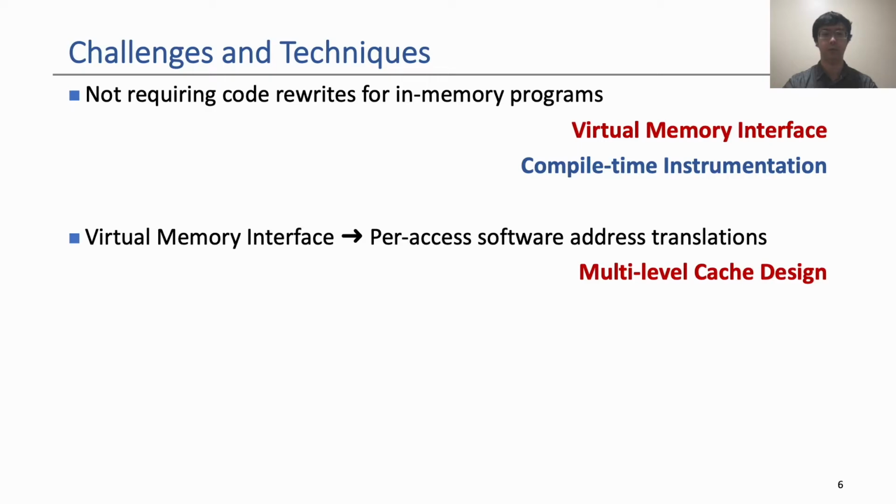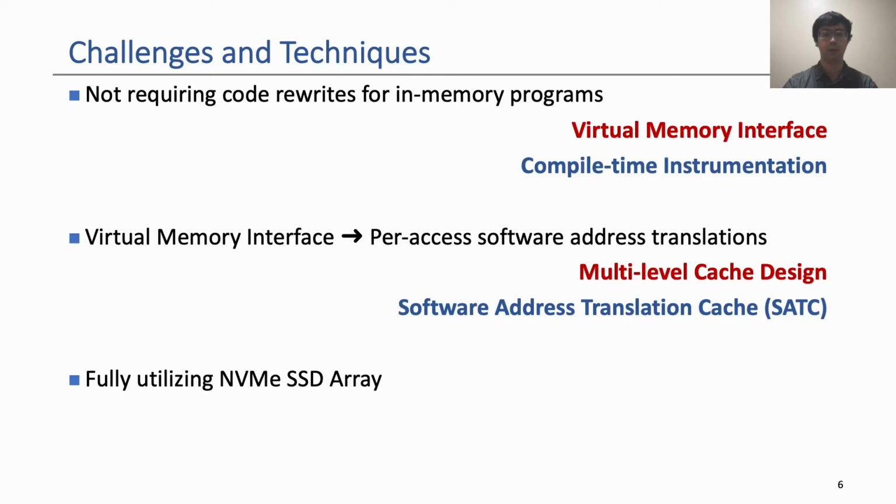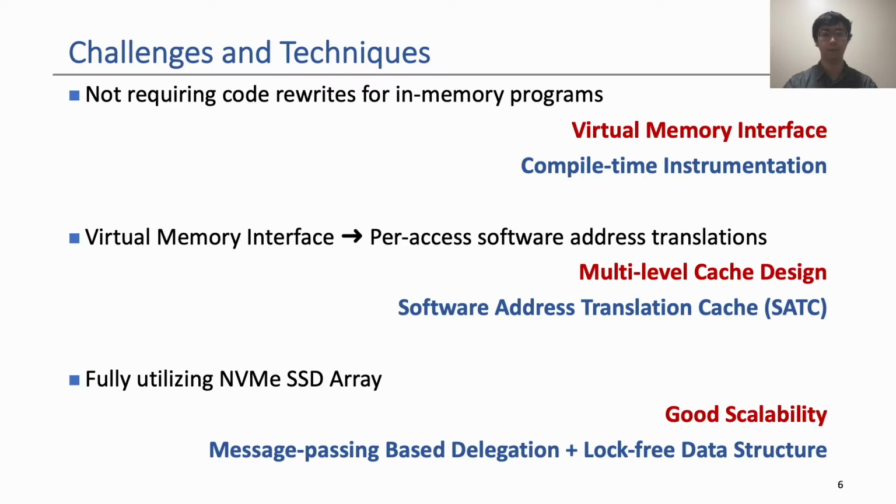For this challenge, TriCache adopts the idea of multi-level cache and proposes a two-level software address translation cache. Third, due to the synchronous nature of the virtual memory interface, it's not easy to fully utilize NVMe SSD arrays. TriCache relies on good scalability to support the increasing SSD performance. We use message passing-based delegation and lock-free data structures to achieve scalability.